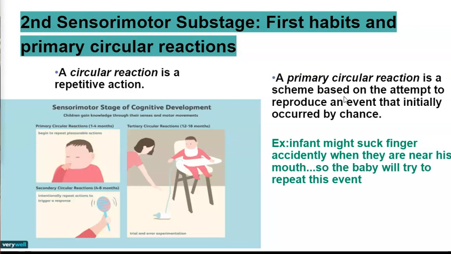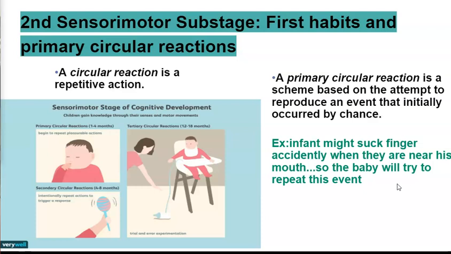And what the child is trying to do during a primary circular reaction is repeat an event that originally happened by chance. So for example, a baby may have made a mistake and put their thumb in their mouth.